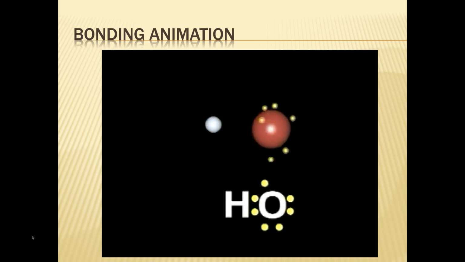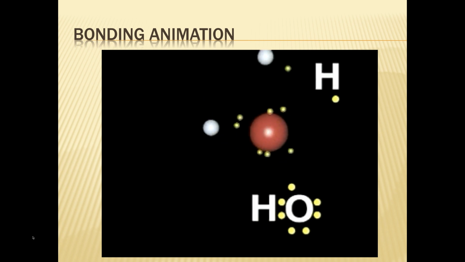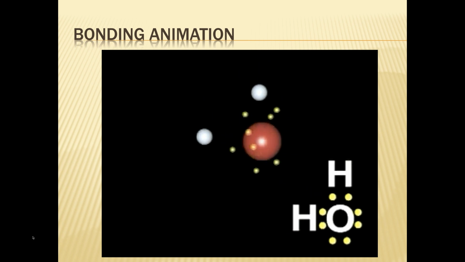Since oxygen gets the electron more often than the hydrogen, the oxygen will be partially negative and the hydrogen will be partially positive. This is a polar covalent bond. We'll add a second hydrogen to complete oxygen's stable octet. And then what we're left with is a molecule of water.